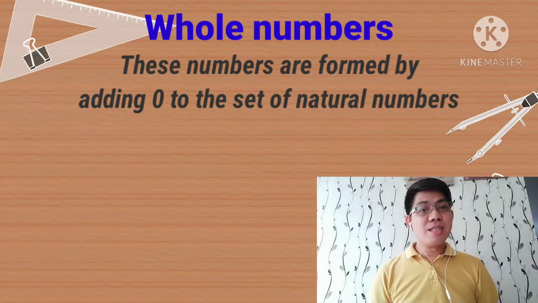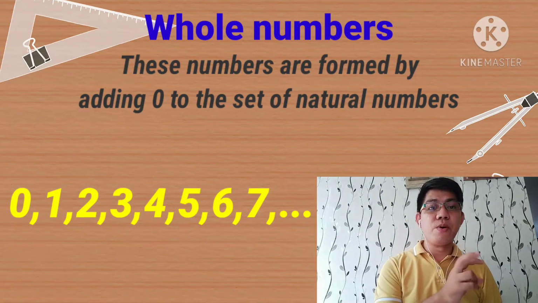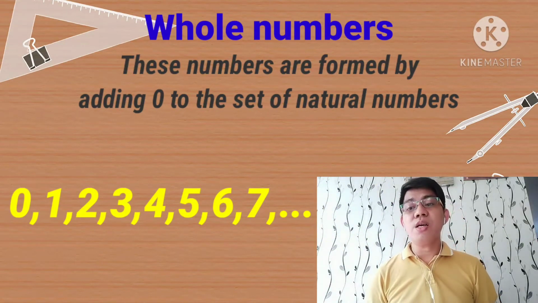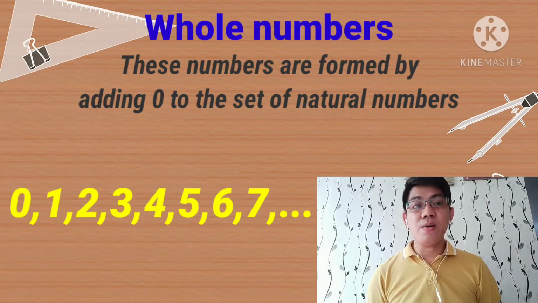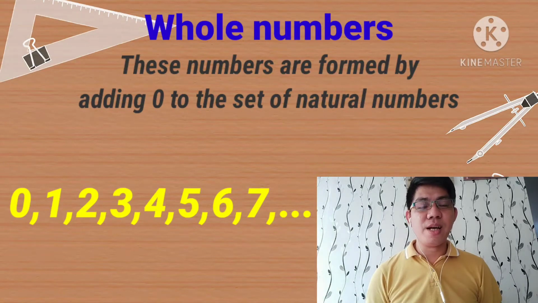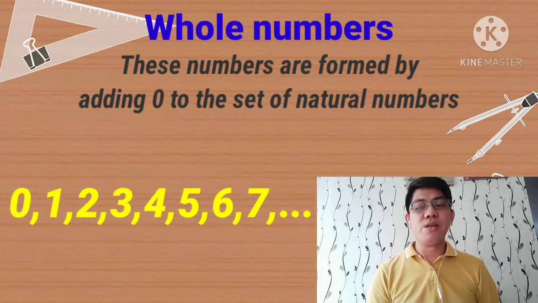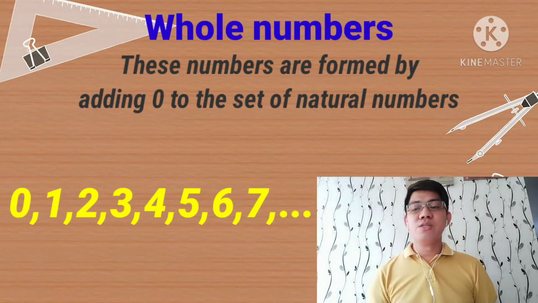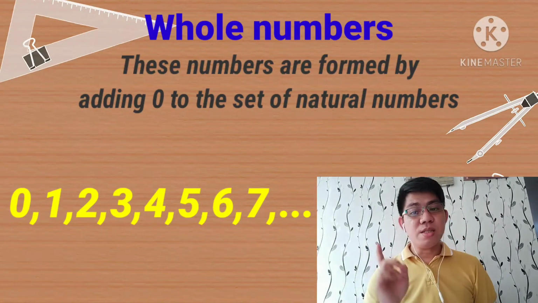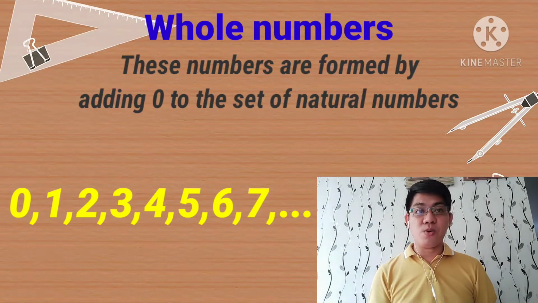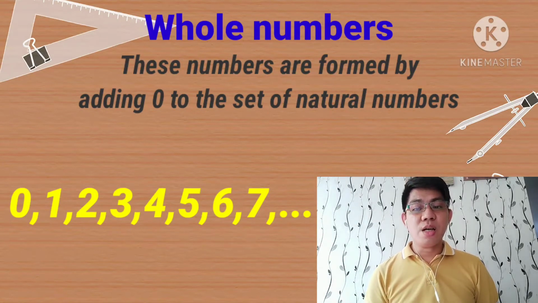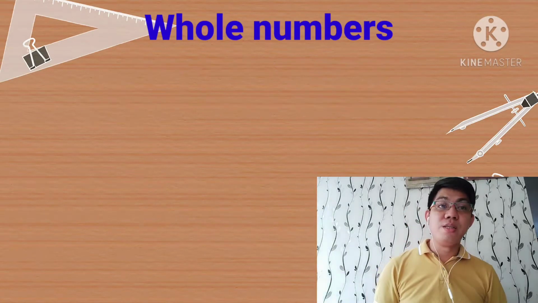Kapag dinagdagan natin siya ng 0, so 0, 1, 2, 3, 4, and so on, yun na yung tinatawag natin na whole numbers. Wag malilito mga kabasic. Natural numbers: 1, 2, 3, and so on. Whole numbers are formed by adding 0 to the set of natural numbers.